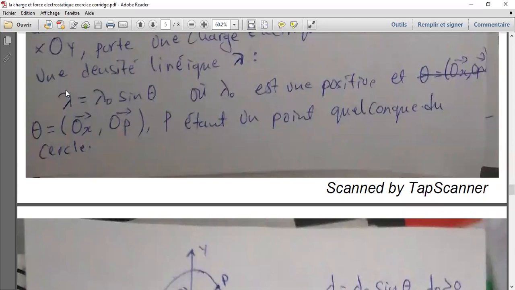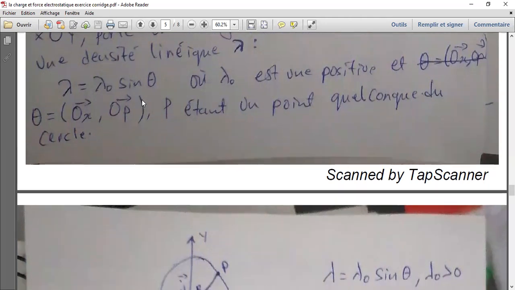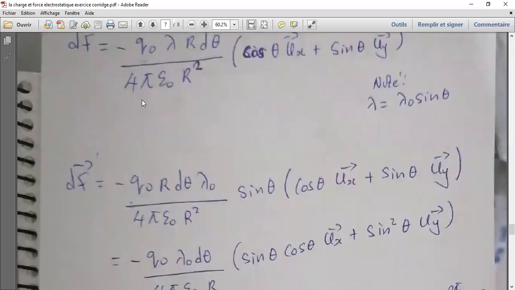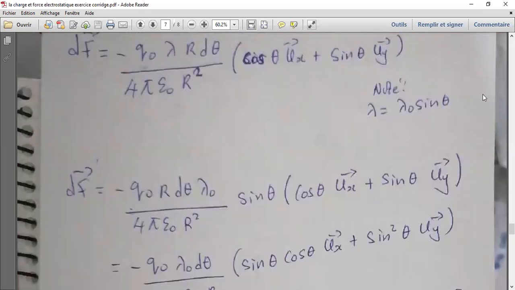This is just to differentiate it from the actual lambda. That's why I said note, they have given you this formula, so just replace it.